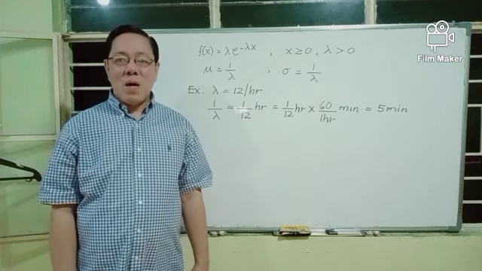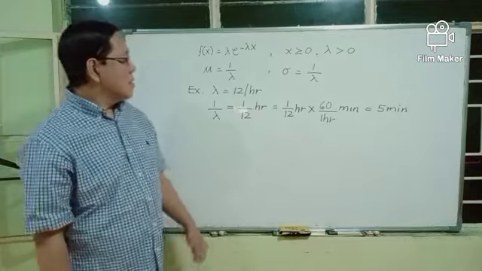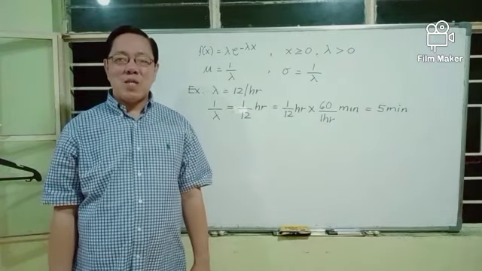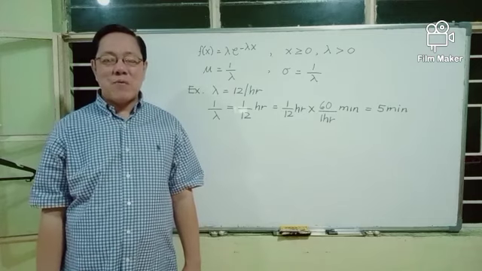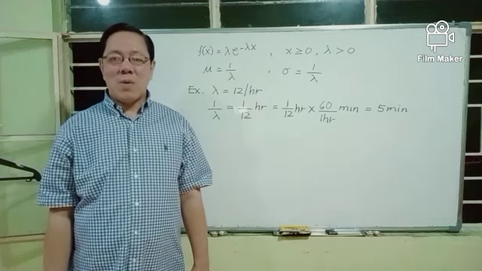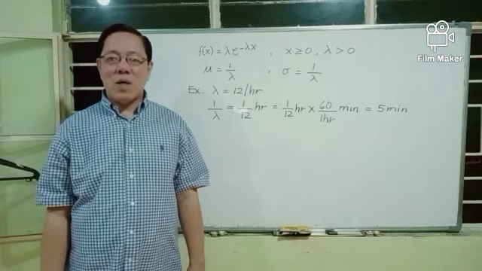Now we graph the probability density function for the exponential probability distribution for the first three values of lambda: lambda equals 1, lambda equals 2, and lambda equals 3.